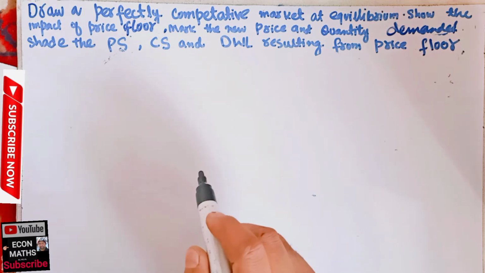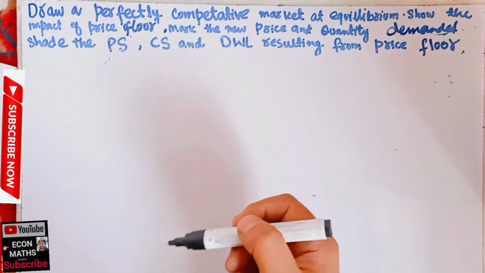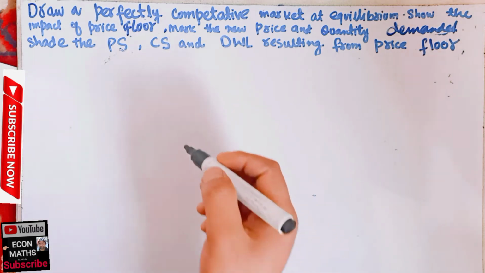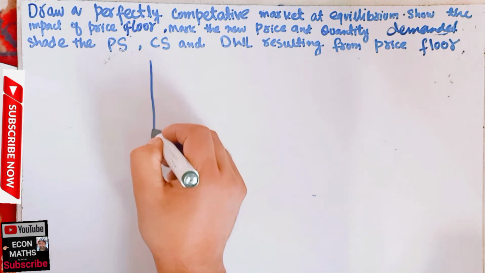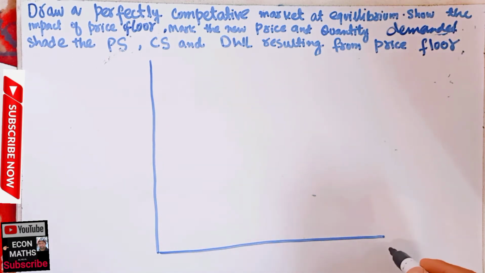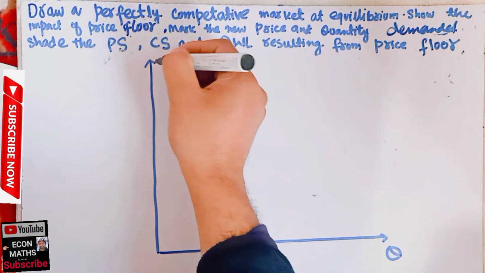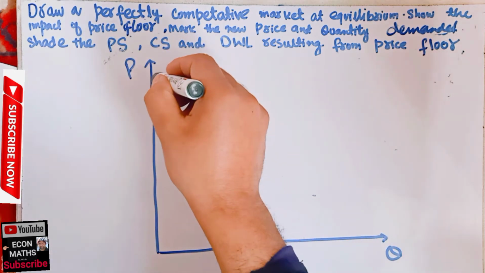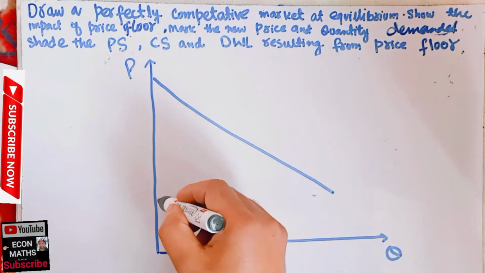First of all, we start by drawing a properly labeled market at equilibrium. We form a graph, and on the x-axis we denote the quantity, and on the y-axis we have the price. We draw the usual demand and supply curve.